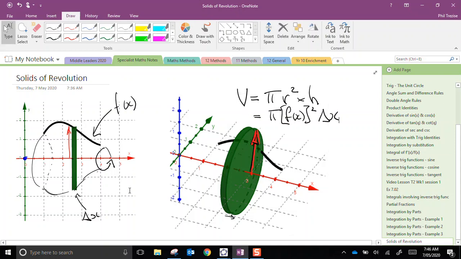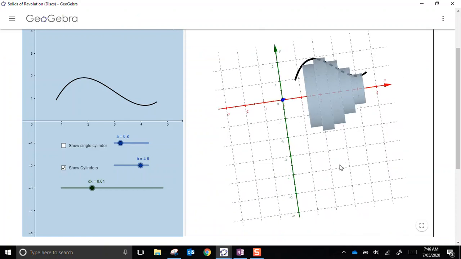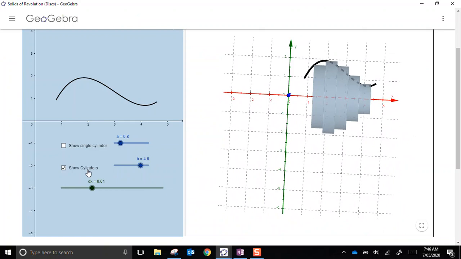How would I find the volume of the entire solid? Well, let me jump over to this view for a moment. This is where I generated this from. That's the view we had. My cylinder was probably a little bit thinner than the one there.